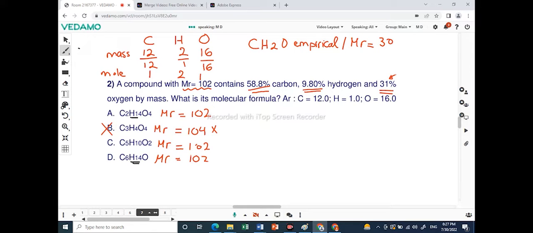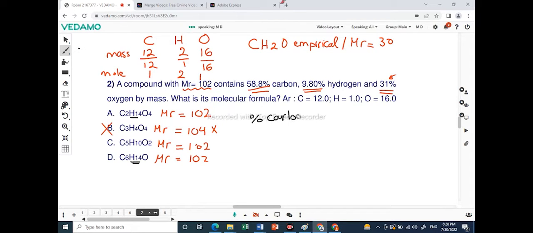I'm going to think about another thing. We can go through either the percentage of carbon, if we want to check, or the percentage of oxygen. So the point is, which one am I going to pick? I'm going actually to go through the percentage of carbon.